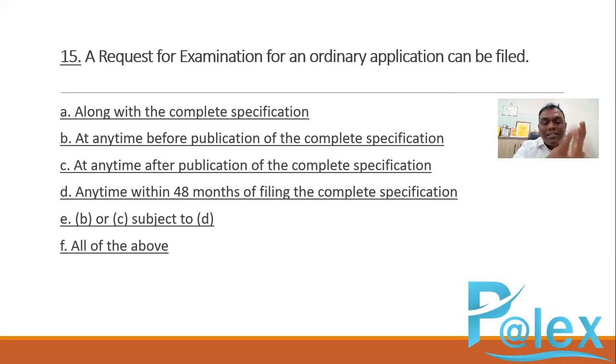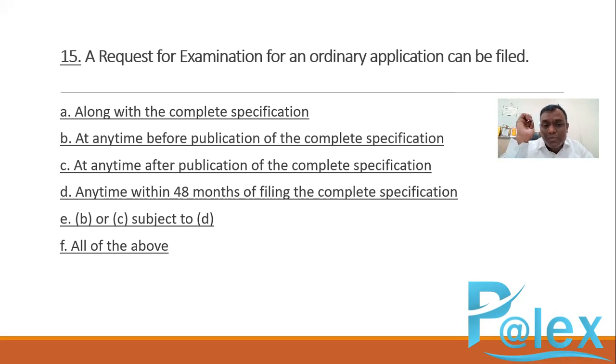I think just to correct this, it's not A, B, C, D, E, F, but the correct answer should be A, B, D, and E. A, B, D, and E. C and F are not correct.